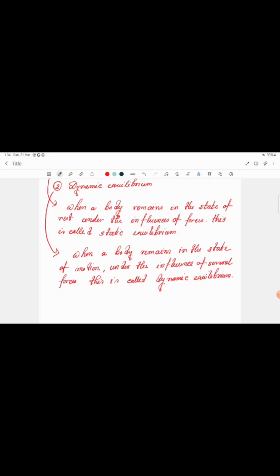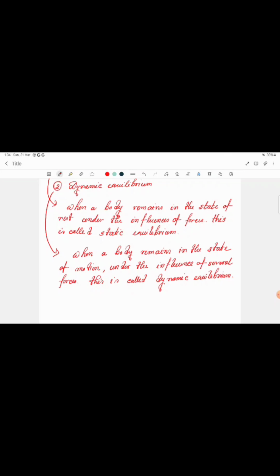Here the weight of the book is exerted on the table downwards, and in the same way an equal and opposite reaction force is exerted by the table on the book vertically upwards. So we can say this book is in static equilibrium.